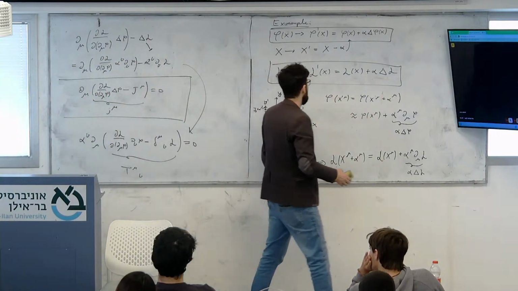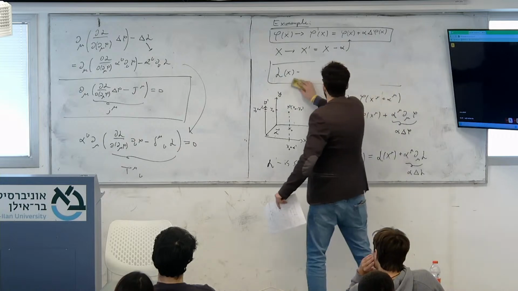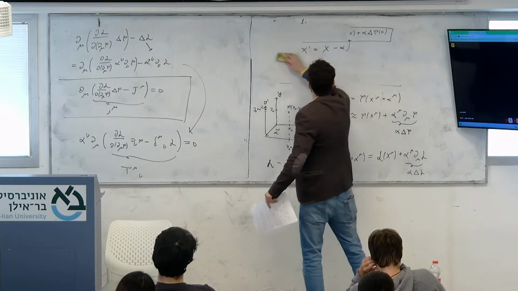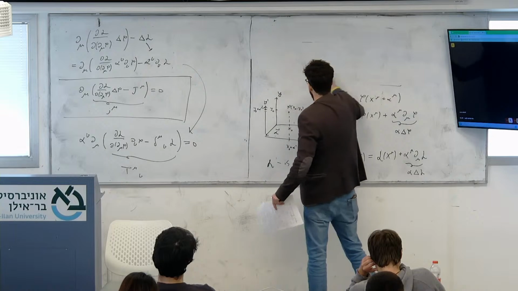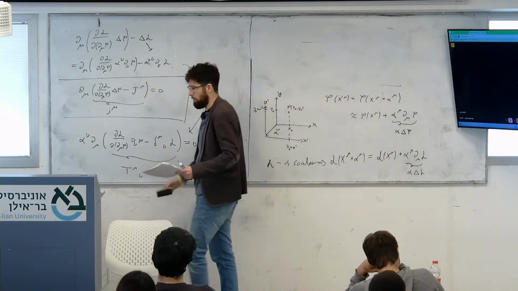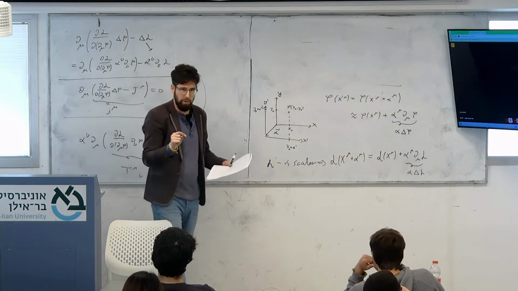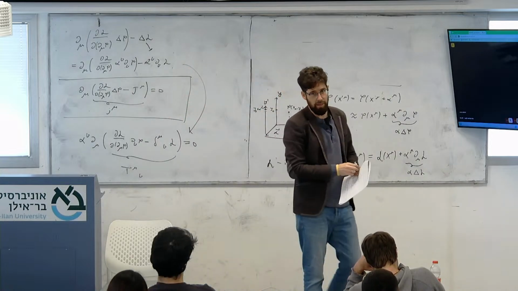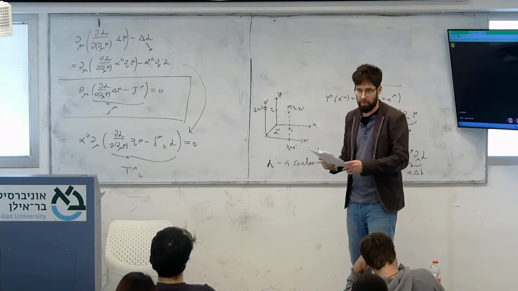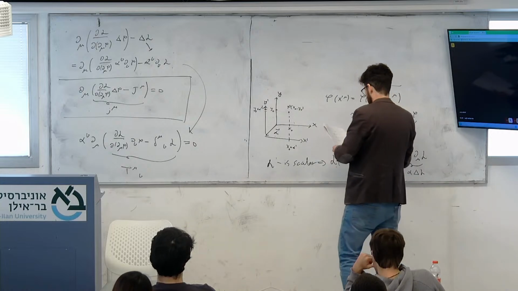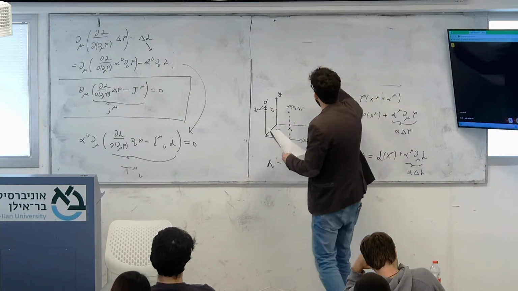Okay? Now I can erase this. So this gives you a good understanding of how to use the Noether theorem. You basically need to very carefully verify what is δL and what is δφ. That's the job.